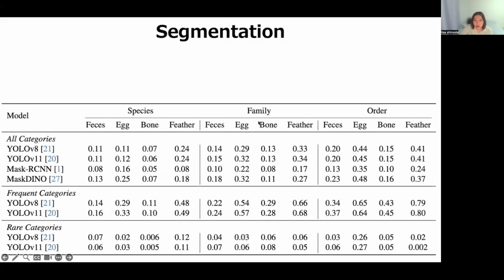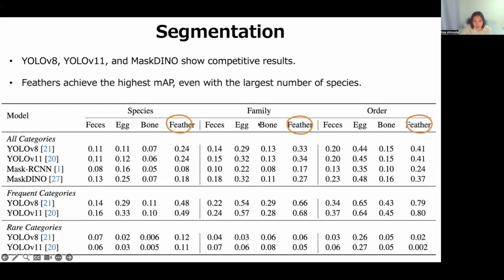Here are the segmentation results. YOLOv8, YOLOv11, and Mask DINO perform comparably across segmentation tasks. Among all trace types, feathers consistently achieve the highest mAP, even though they include the largest number of species. This might be attributed to their distinguishable color appearance.